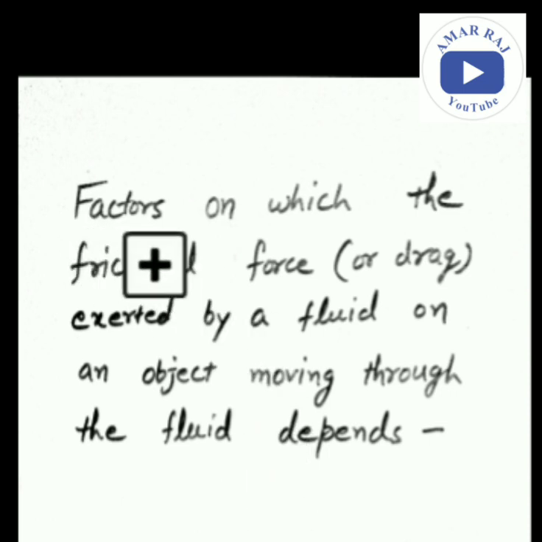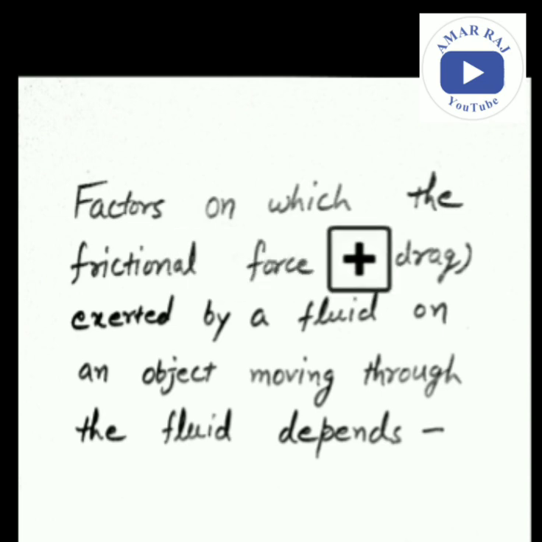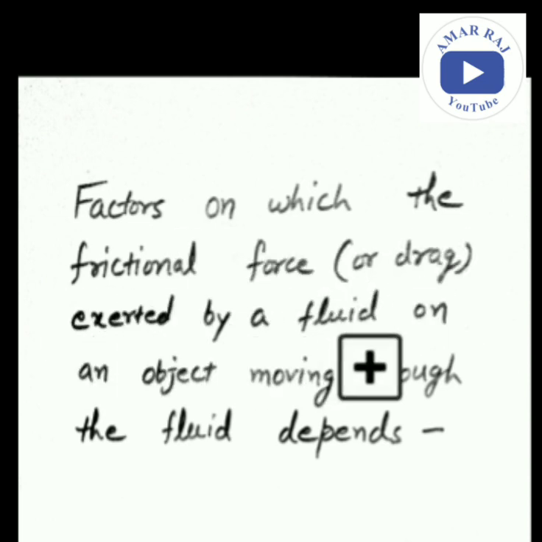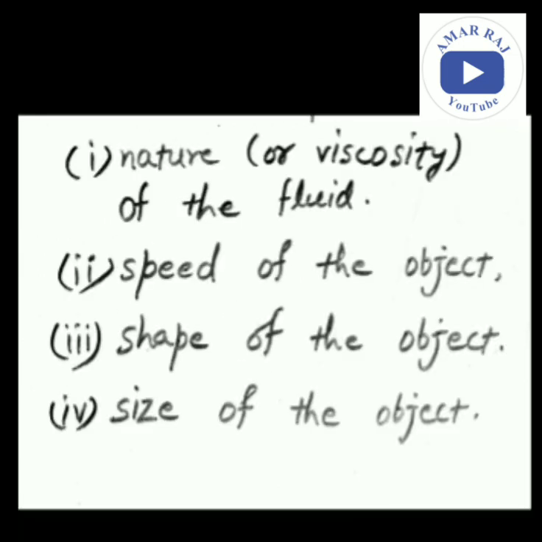Now see the factors on which this fluid friction depends. So factors on which the frictional force or drag exerted by a fluid on an object moving through the fluid depends. The first factor you can see is the nature of the fluid, especially viscosity of the fluid.